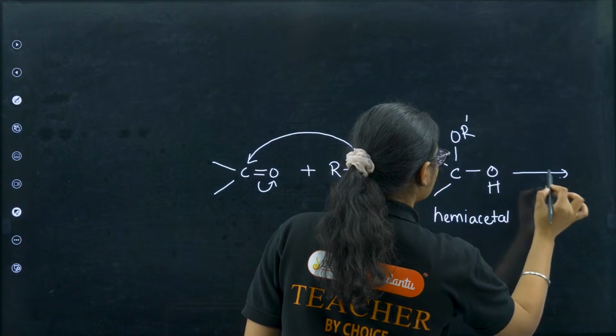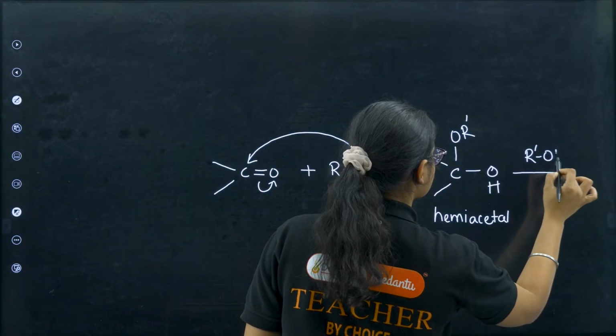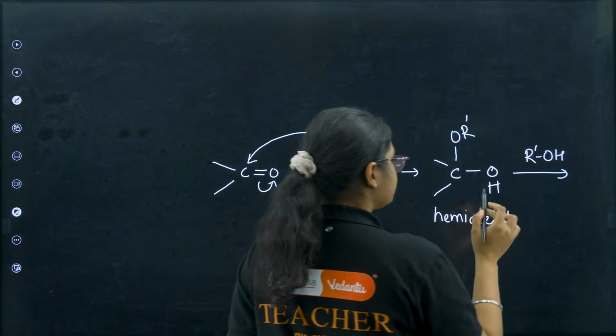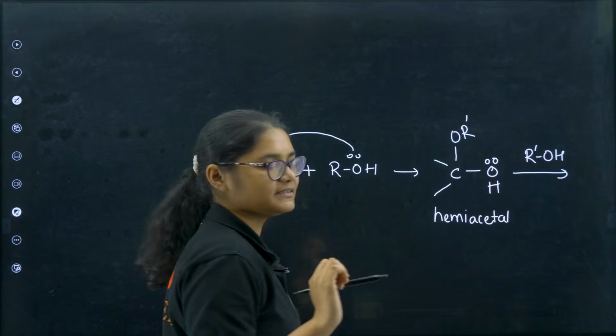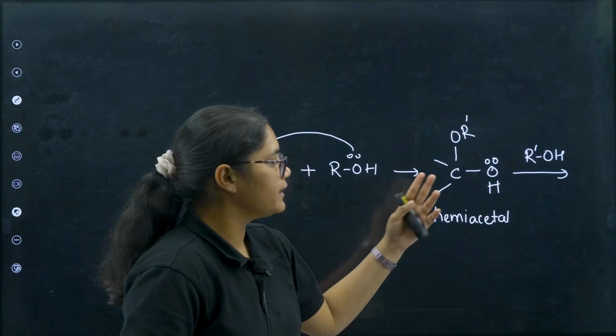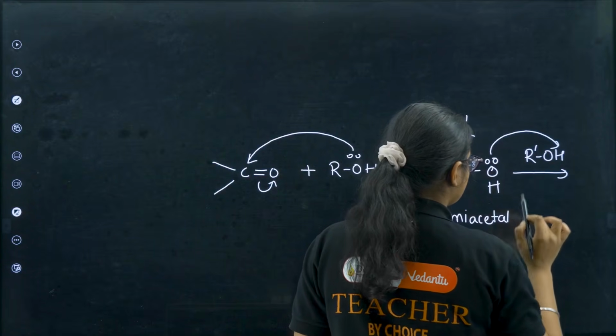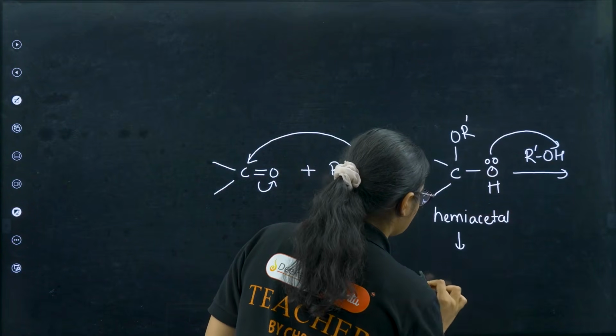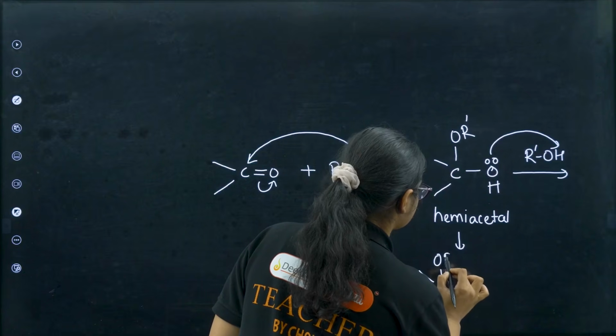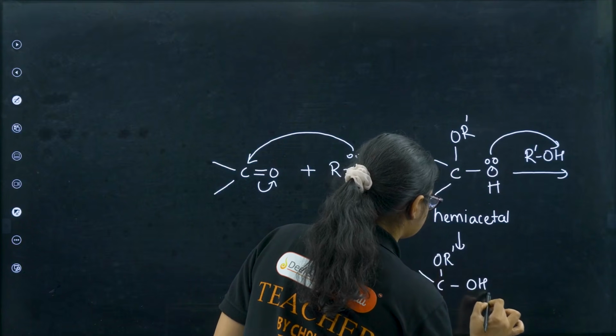Now if you again treat it with ROH, what will happen? I told you that day also that oxygen lone pairs are very active. Whenever they find hydrogen, they try to take it. So this will take this H plus and you will get OR dash and O plus H2.